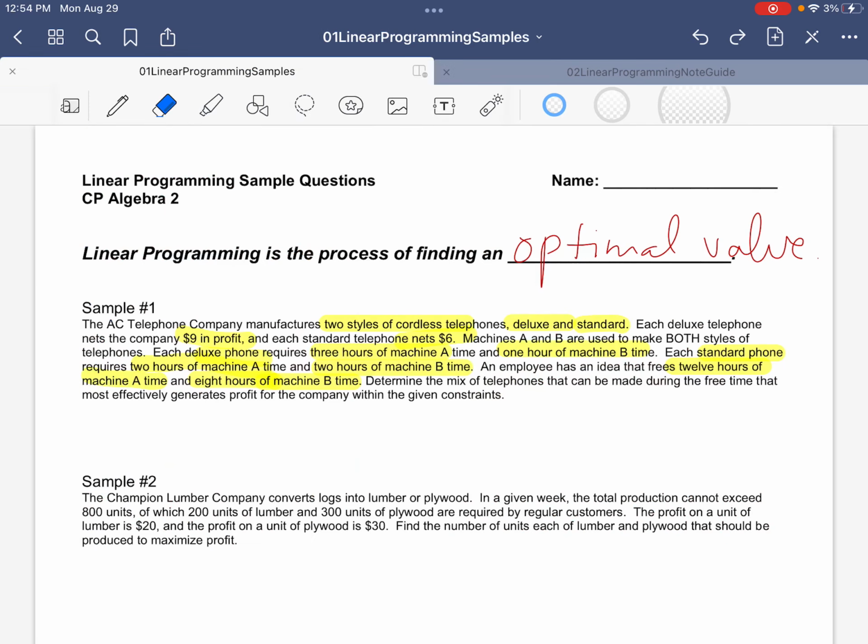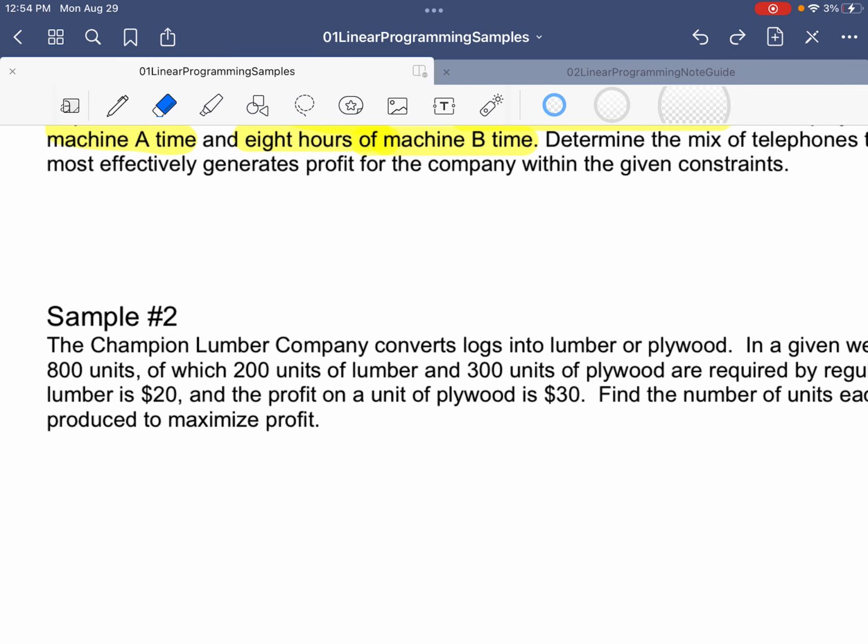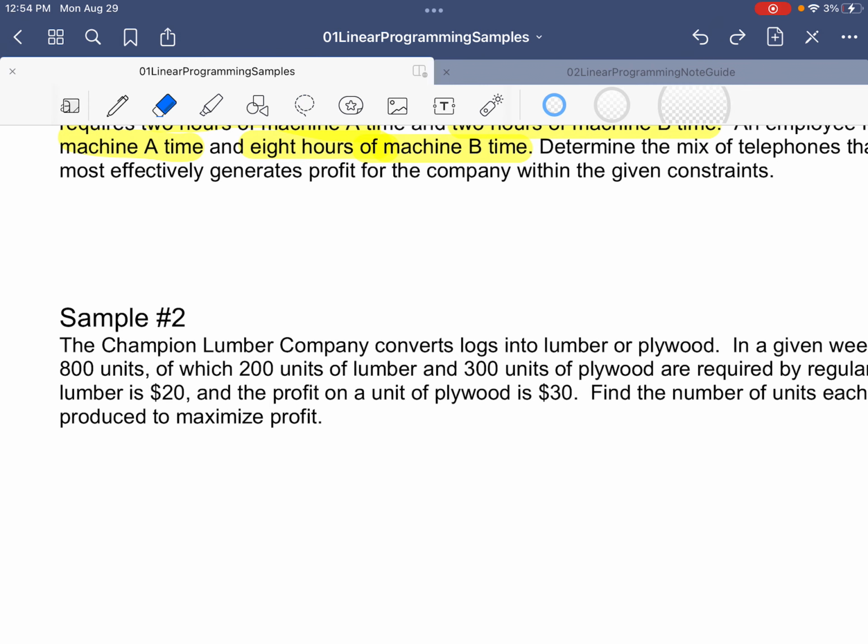Now, what I want you to do, and this is partially for homework, is to try to set up the variables, the objective quantity, and the constraints for this lumber problem. Again, all I want you to do is set it up.